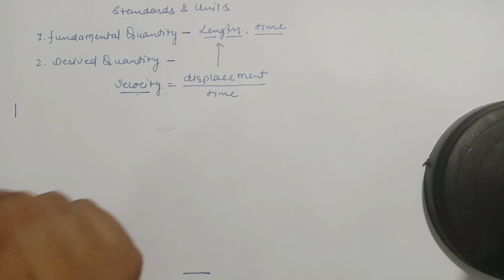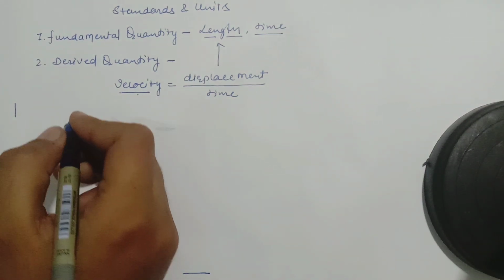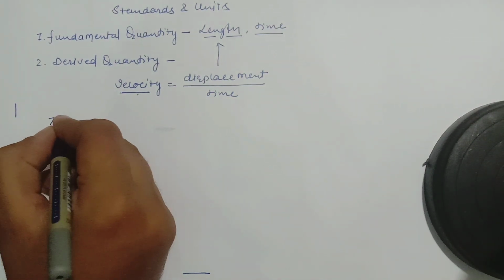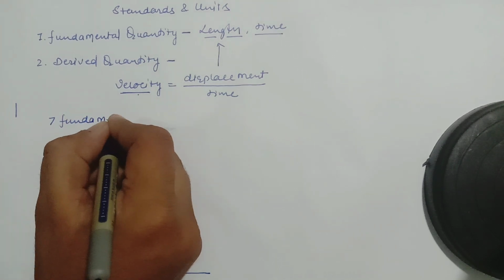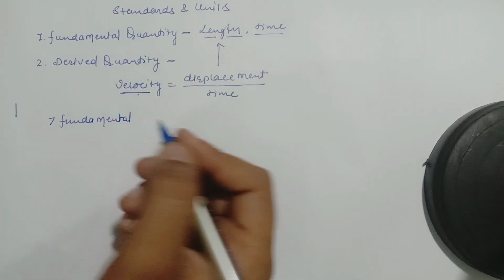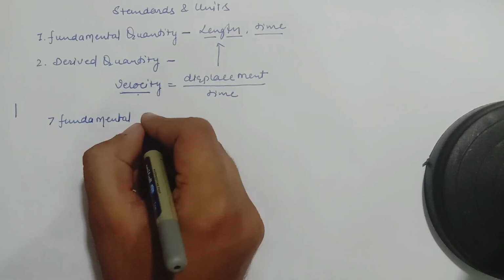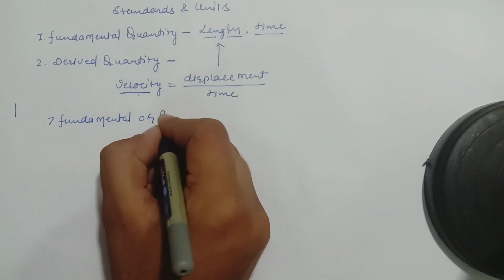Now in physics there are 7 fundamental, or we can call them base quantities.